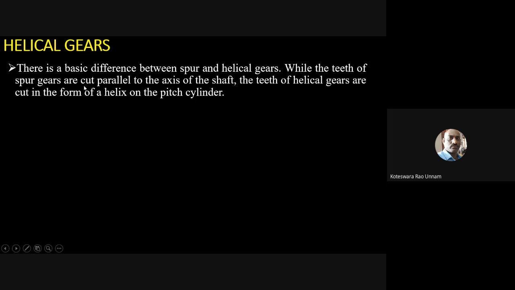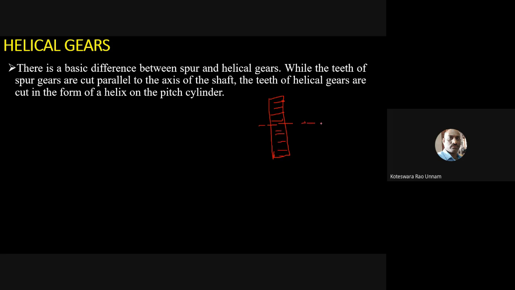We know that in a spur gear, the teeth are cut parallel to the axis of the shaft, whereas in a helical gear, they are cut in the form of a helix on a pitch cylinder. So if this is the spur gear and this is the axis of the shaft, the teeth are cut parallel to this axis, something like this.